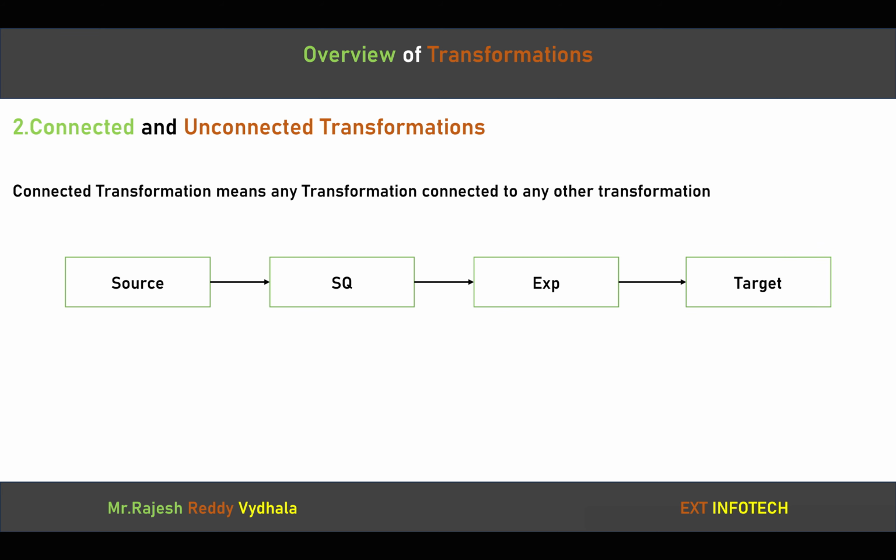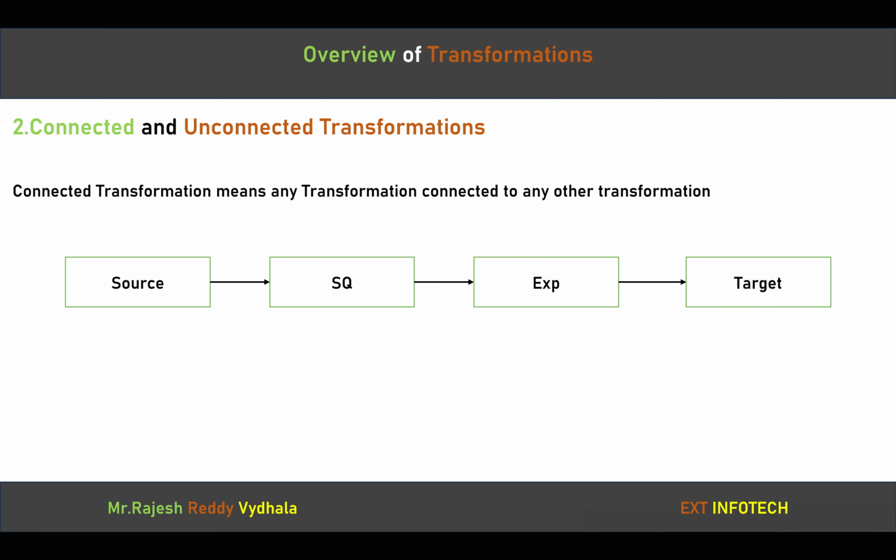Here the source qualifier and expression transformations are connected transformations. Why? Because the source qualifier is connected to the source, the expression is connected to the source qualifier, and the target is connected to the expression.